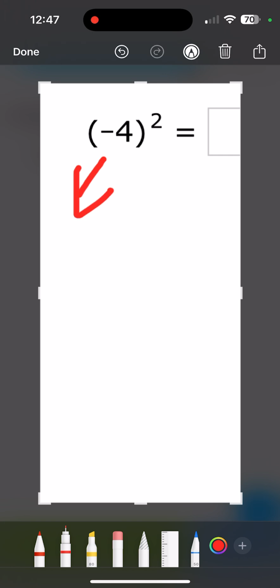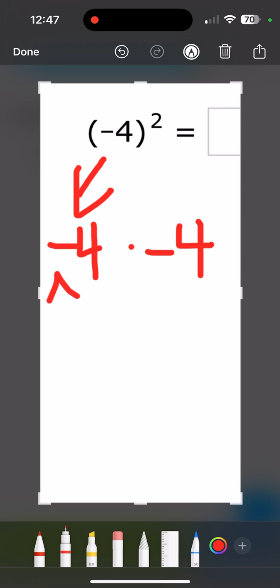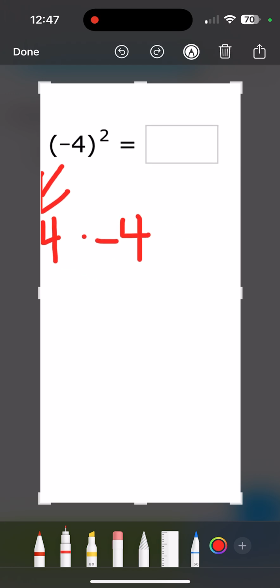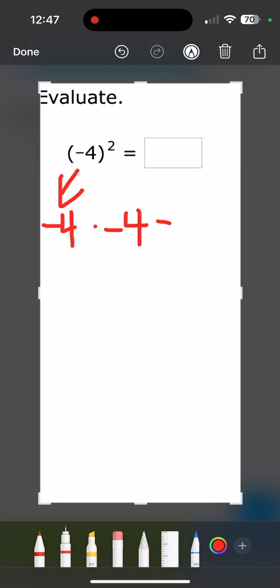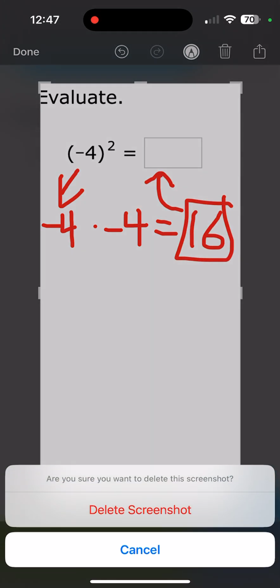So this means it's -4 times -4. Again, negative times negative is going to give you positive, and 4 times 4 equals 16. So the answer here is positive 16. And that's your final answer there.